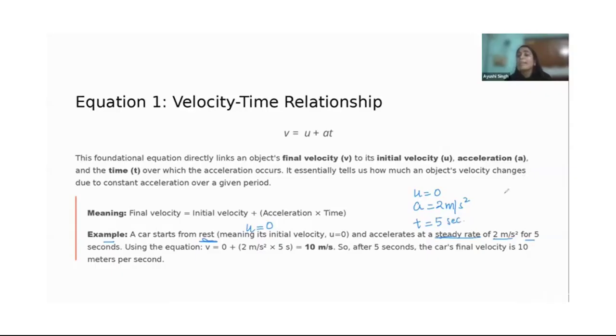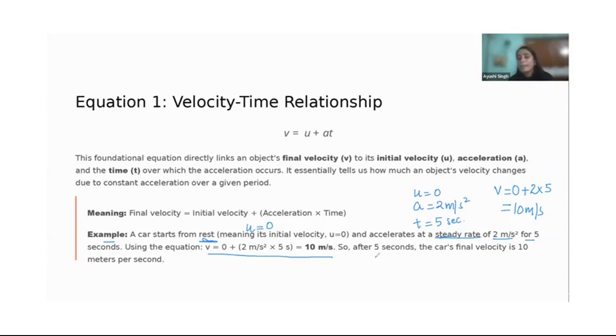Now you can easily calculate the final velocity, because 0 was the initial velocity, and then there is acceleration of 2 into time, that is 5. So you have a final velocity of 10 meter per second. This is the answer.